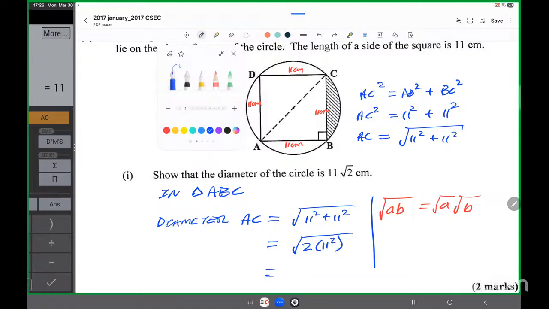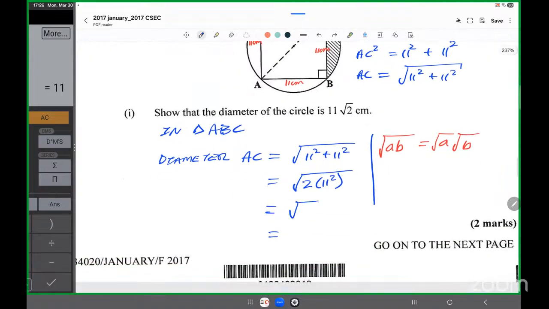So this becomes equal to the square root of 2 and the square root of 11 squared. Understand that? But the square root of 11 squared, the square root cancels the square. So this then becomes the square root of 2 times 11.